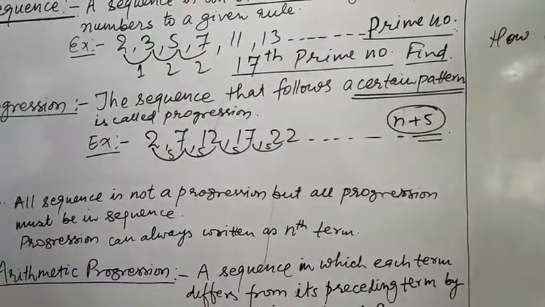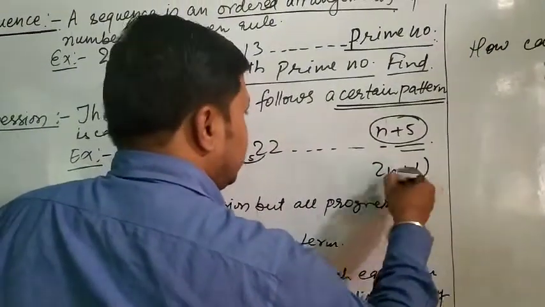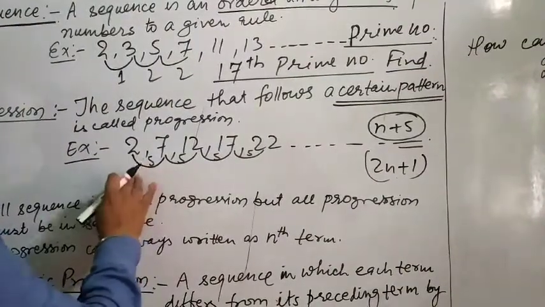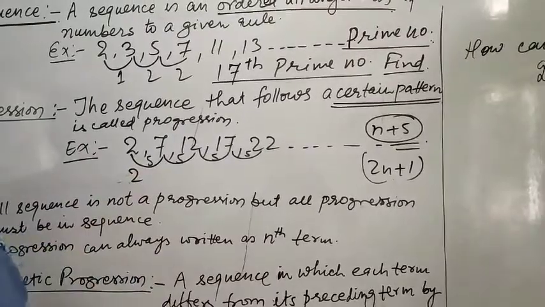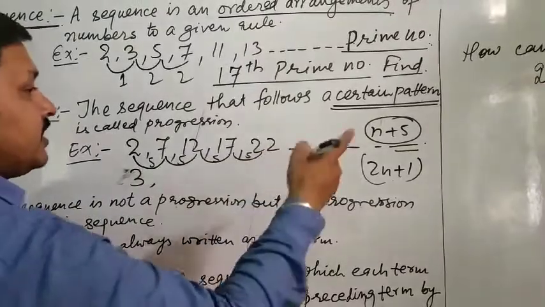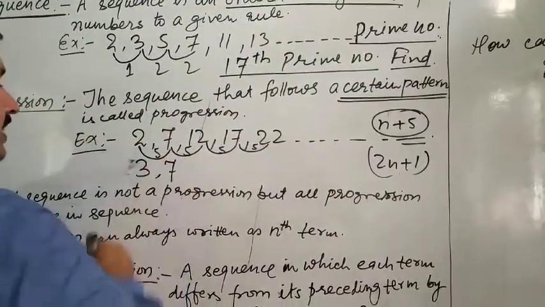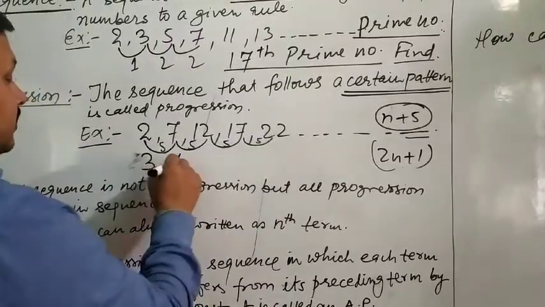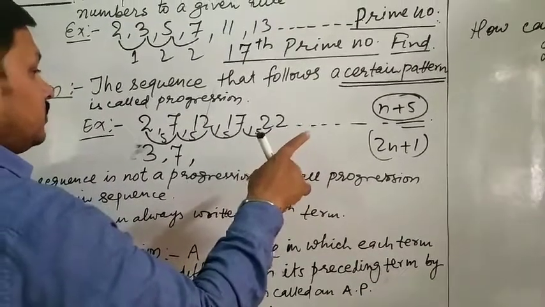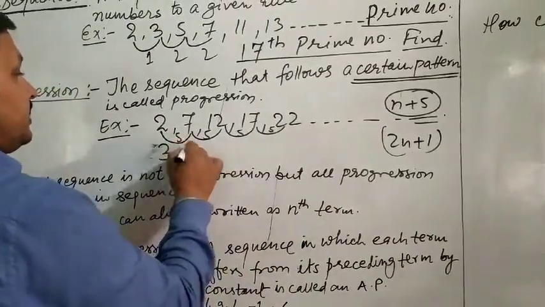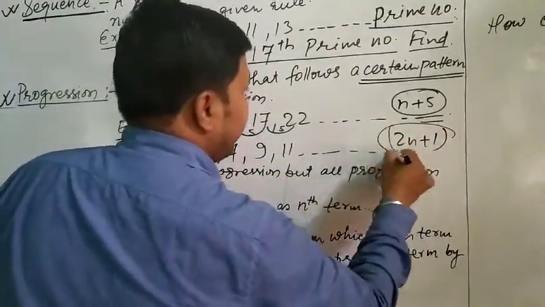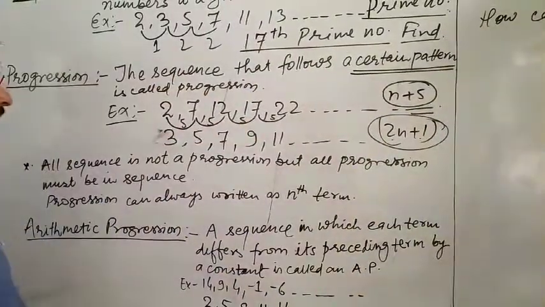Another example, if we write the 2n plus 1 pattern, the numbers will be 3, 5, 7, 9, 11, and this is the pattern of 2n plus 1.